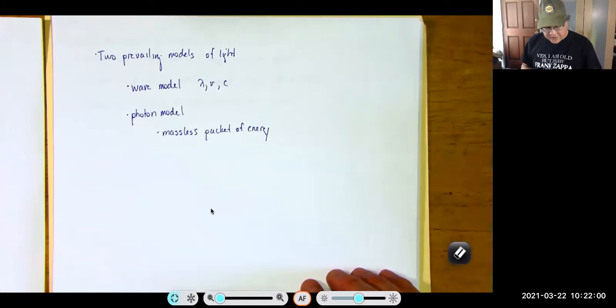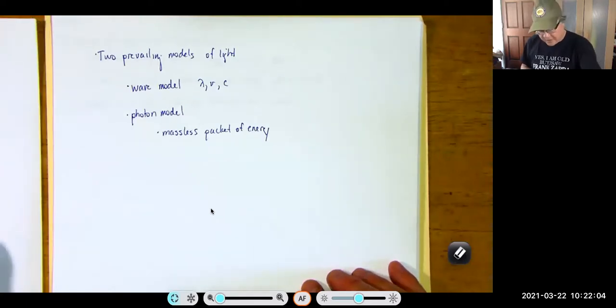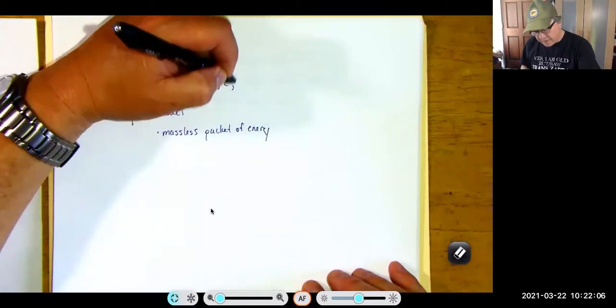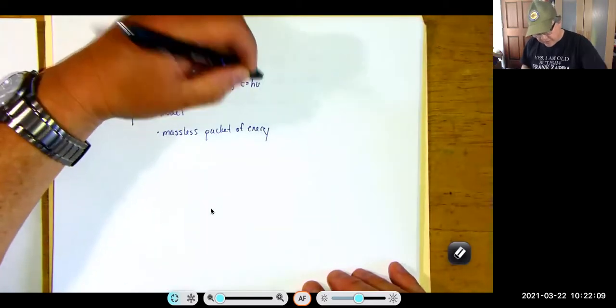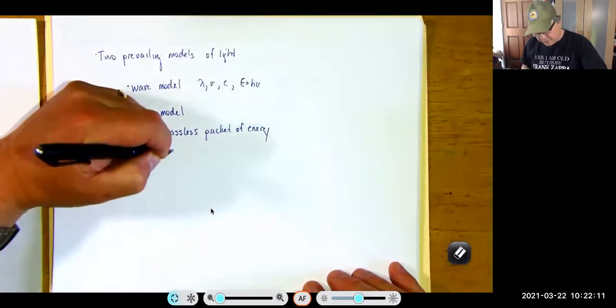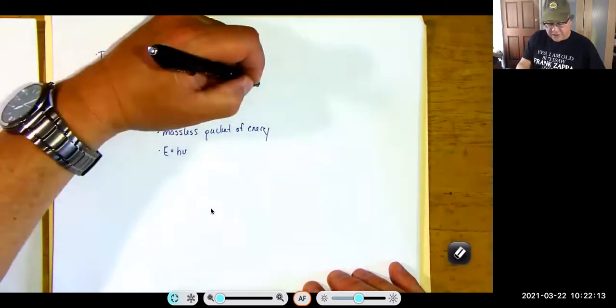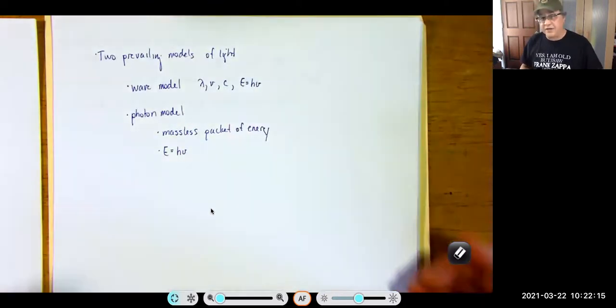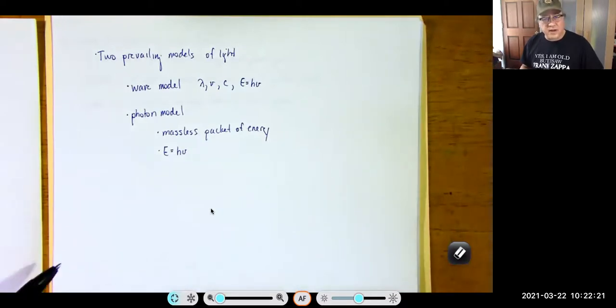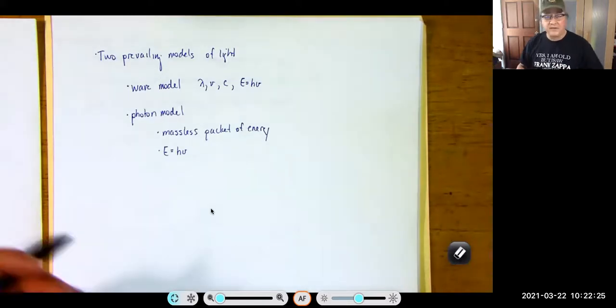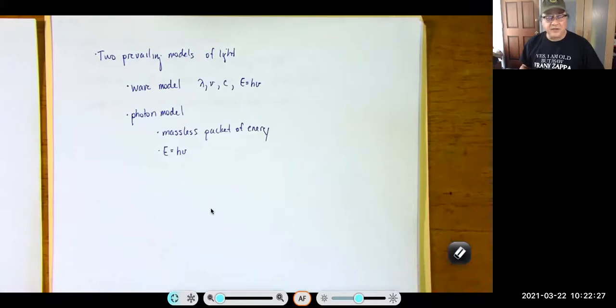Now, it turns out that the equation that we use for the photon model and the wave model are identical. So here we have E equals h nu, and here we have E equals h nu. Now here, the energy is the calculation for the energy of a particular wavelength of light, which when you think about it, seems kind of strange, because what if you have a particular wavelength of light, say green light, and it has a particular amount of energy?